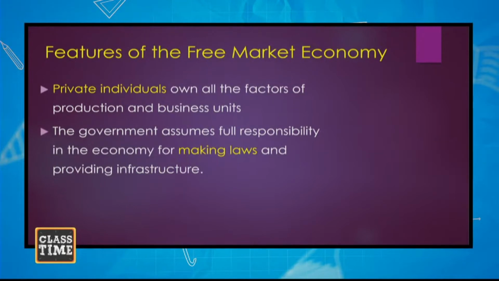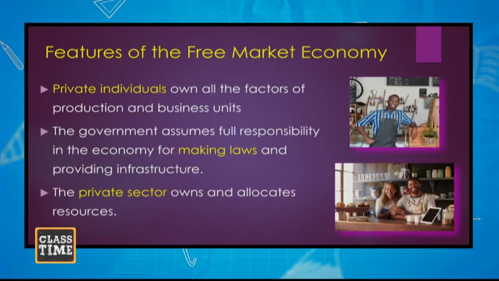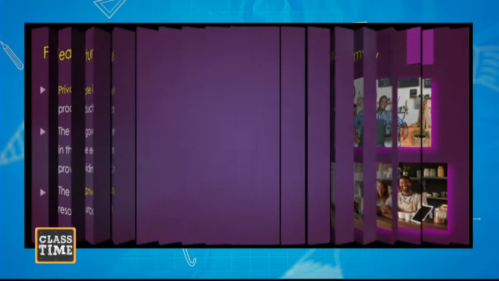So in a completely free market economy, all the goods and services we need, think about the food we eat, the cars we drive, electricity, water, every good and service that we consume, are provided by privately owned entities, while the government assumes the responsibility of setting the rules of law that us households and firms should abide by, and also providing the key infrastructure that is needed by society. So the private sector owns and allocates resources. We've established that as well.